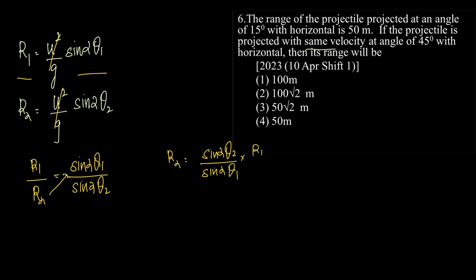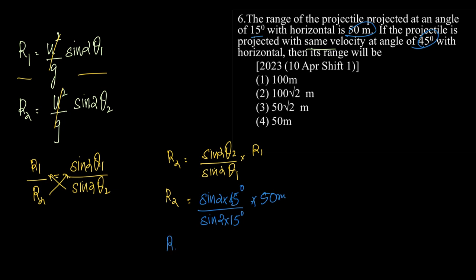Cross multiplying this. Theta 2 is 45 degrees, so sine 2 times 45 degree whole upon sine 2 theta 1, where theta 1 is 15 degree, so sine 2 into 15 degree, into R1, which is given to be 50 meter.